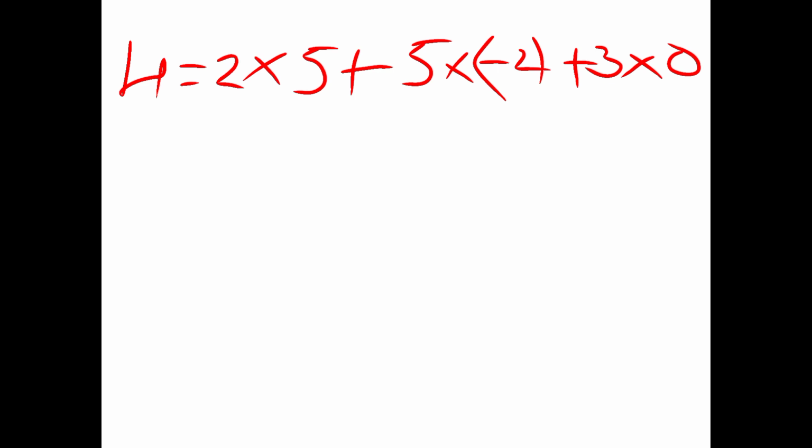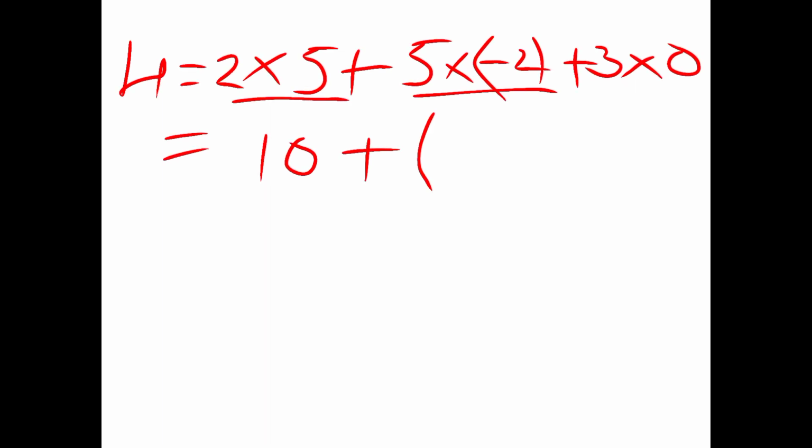So 2 fives are 10, plus 5 into negative 2 is equal to negative 10, plus 3 into 0 is equal to 0.